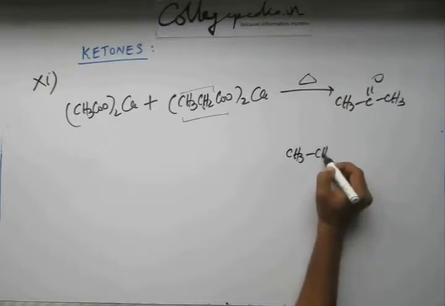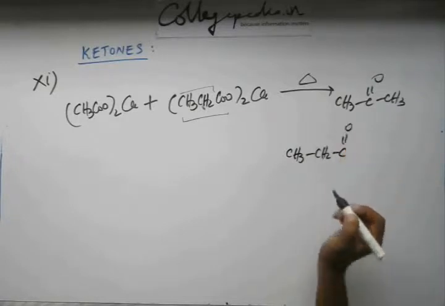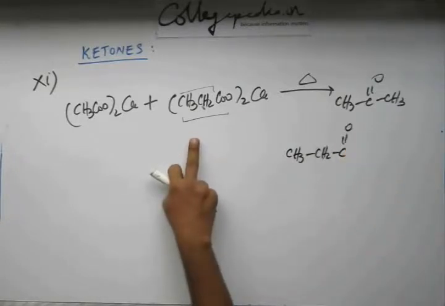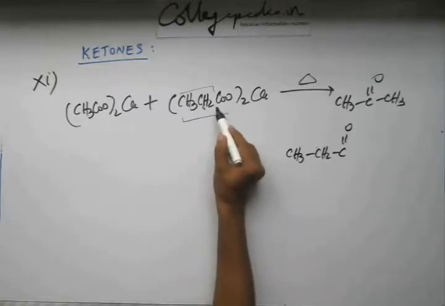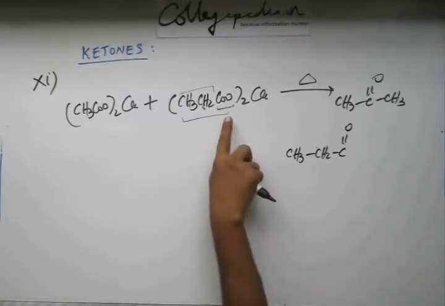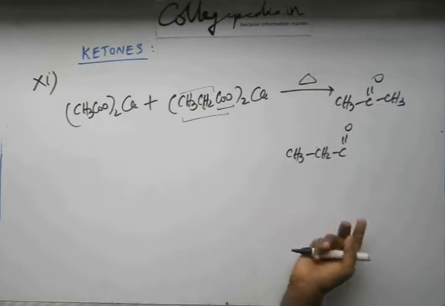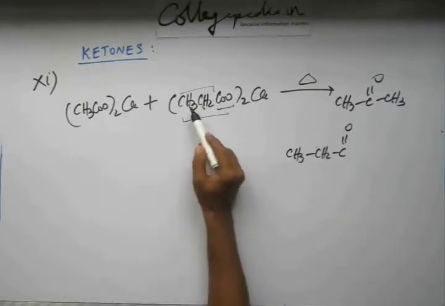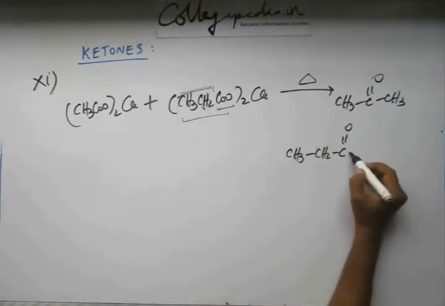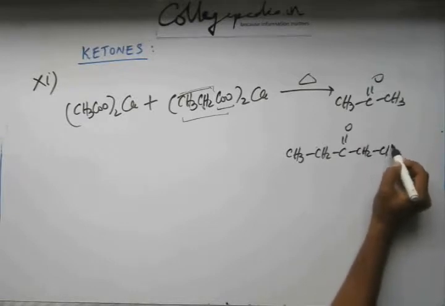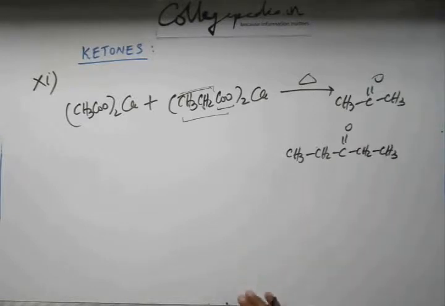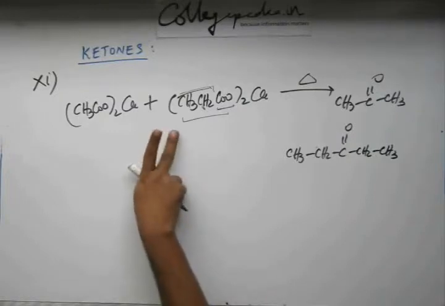The way you will write the product is this. This is coming from one propanoate, and this CO2 will not come again because this is going into carbonate. So on the right hand side you will just have this section, the ethyl part. So it will be a symmetrical ketone. So this is what you will have when propanoate combines with propanoate.